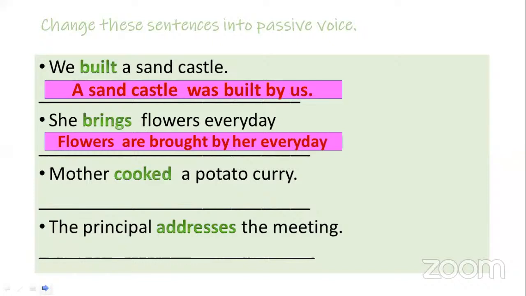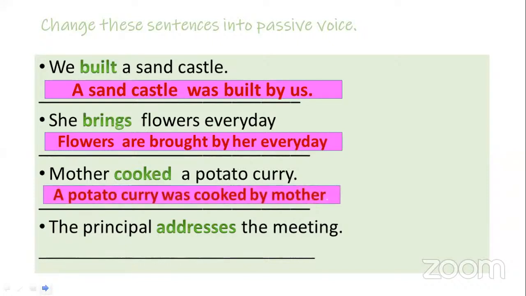Accordingly we have to select from am, is, are, was, were. It is the past tense verb cooked, so we use was, with the past participle form of cooked, which is cooked. So a potato curry was cooked by mother.